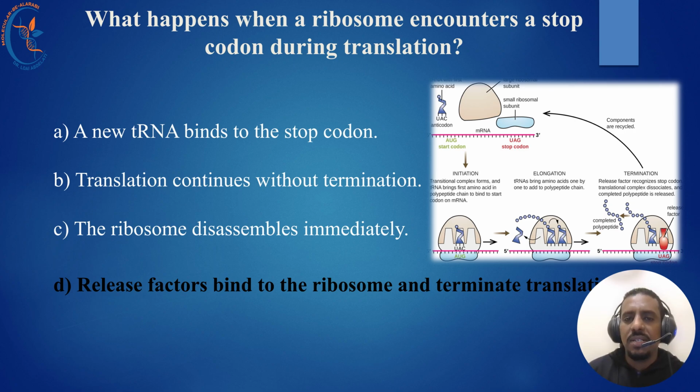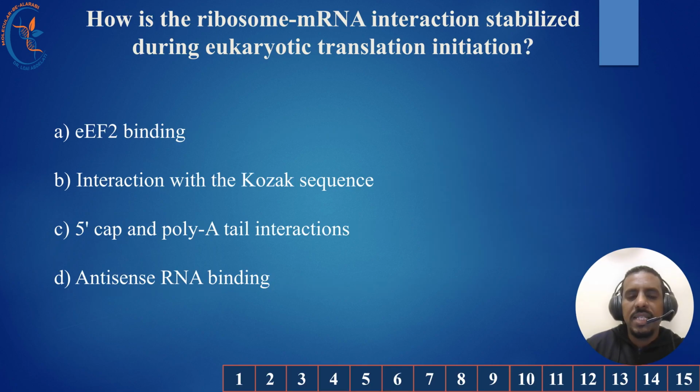These release factors help release the finished protein and break down the ribosome. All right. So the correct answer here is release factors bind to the ribosome and terminate translation. Let's move on. Let's see the next question.